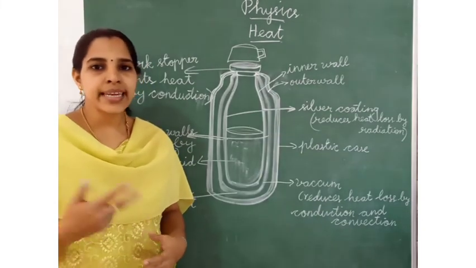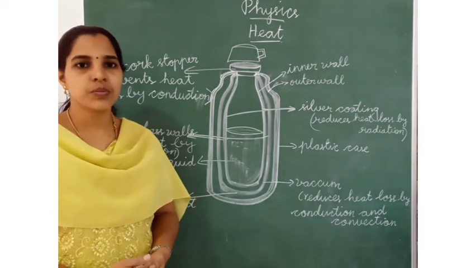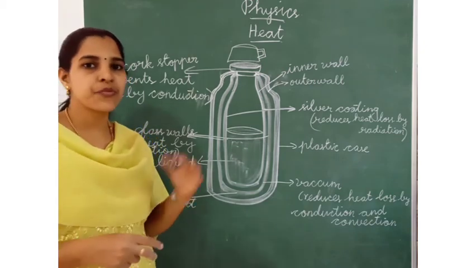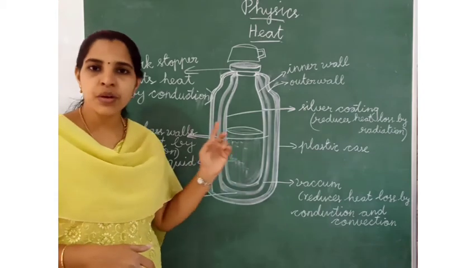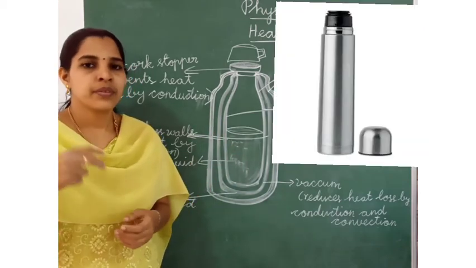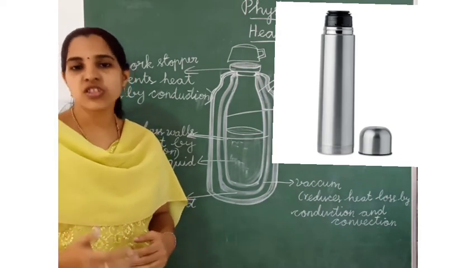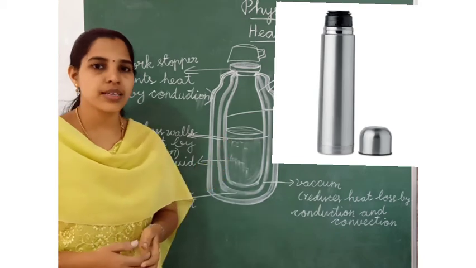Normally, heat transfers from one object to another object. Then how do we control the transfer of heat from one object to another? By using thermostats, we can reduce convection, conduction and radiation. This is an example of a thermos flask.